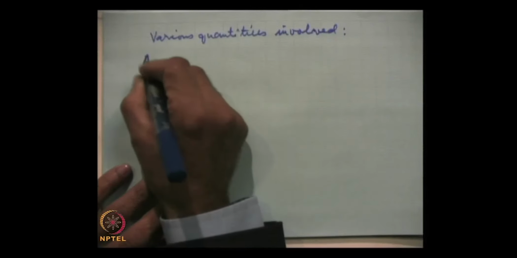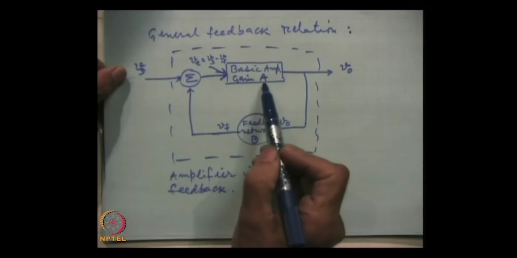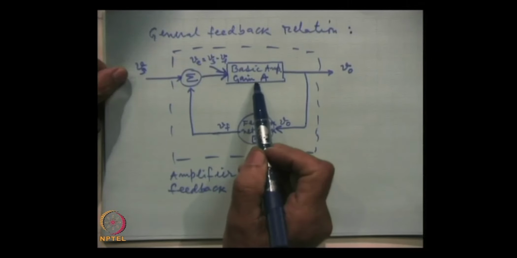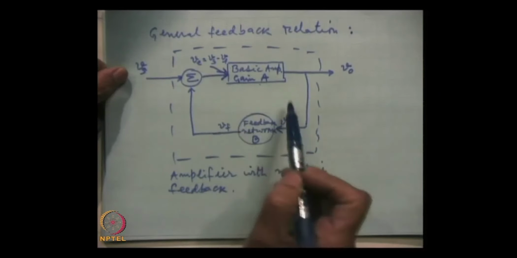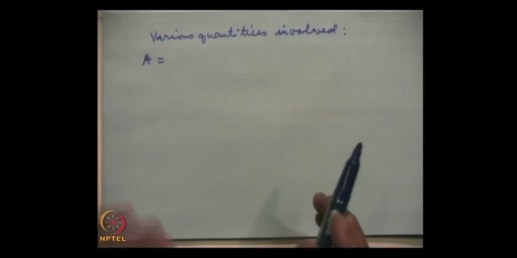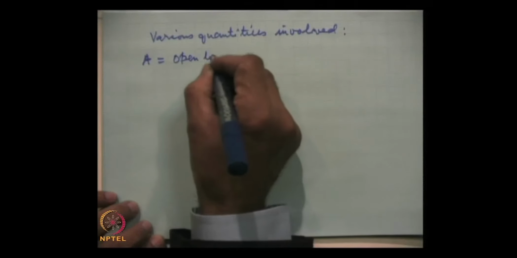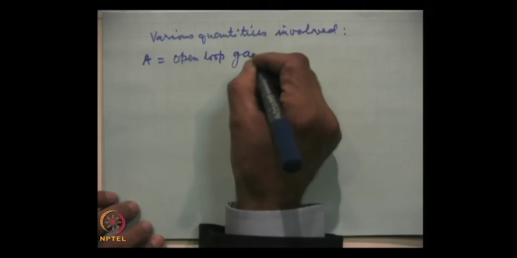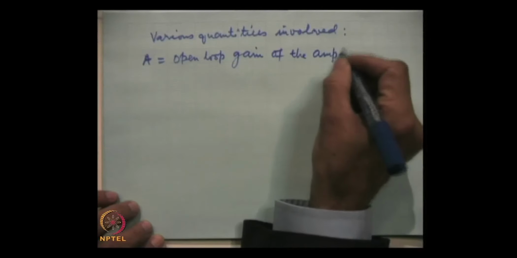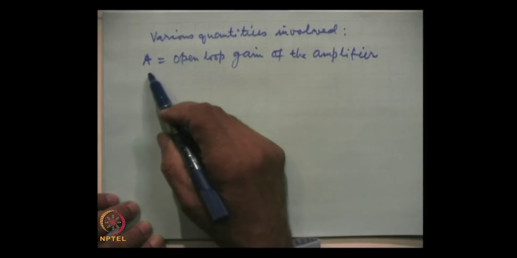First of all, A: remember this circuit, A is the gain of the basic amplifier, and this basic amplifier is the open loop amplifier. This whole becomes the closed loop amplifier with feedback. A is the open loop gain of the amplifier. Open loop gain means gain without feedback.